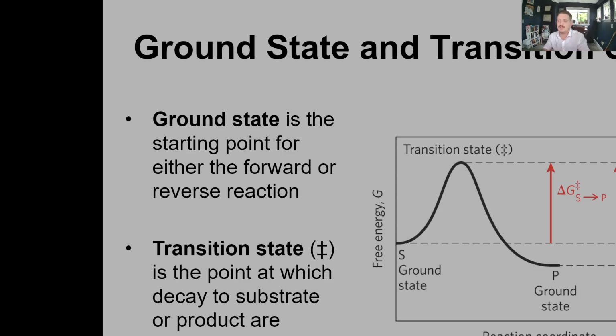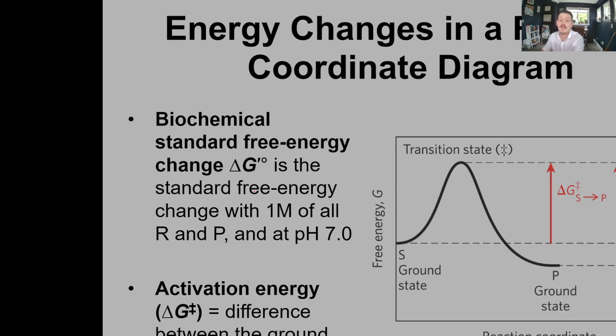We've already talked about this, the ground state going up to the transition state. Biochemical free energy is something that we're going to talk about more in 2 weeks' time.